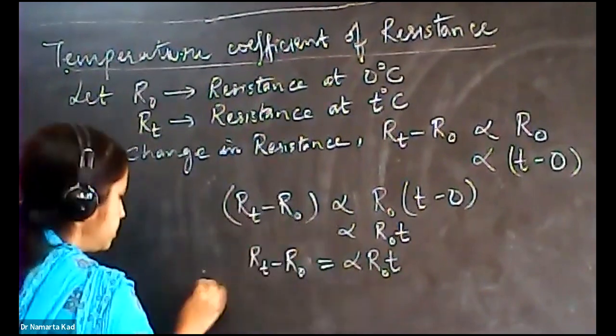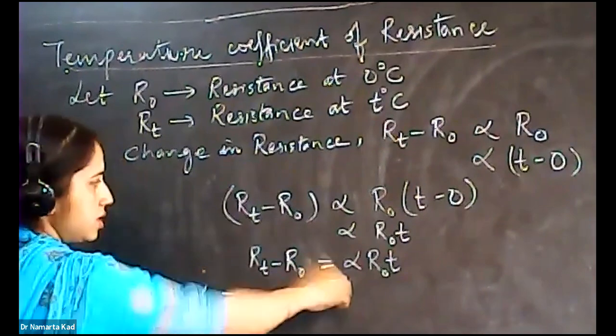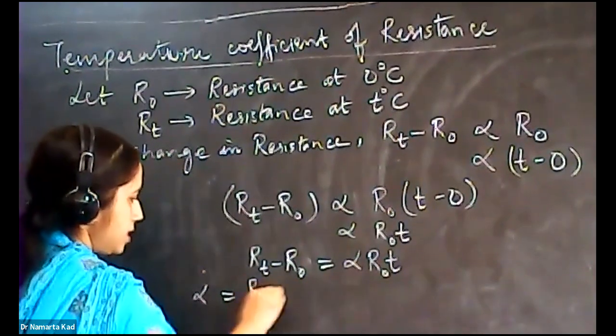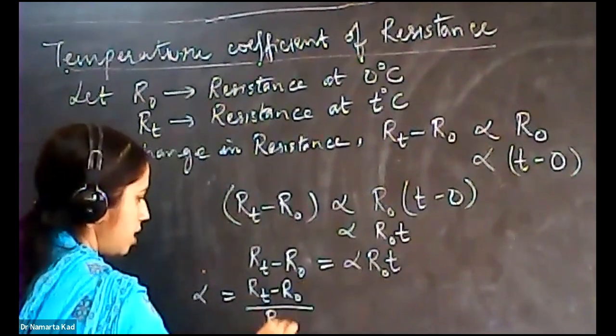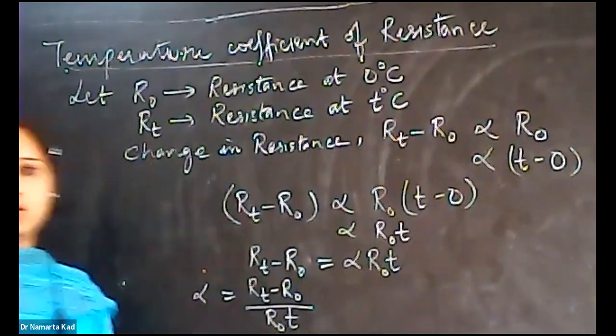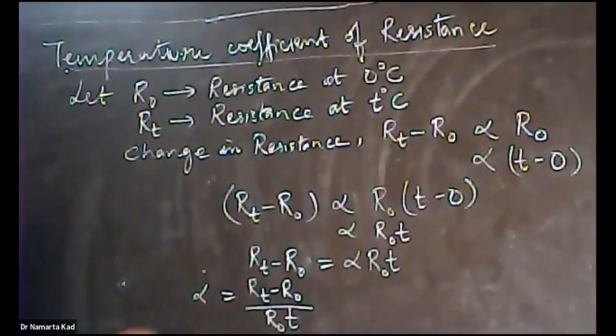Alpha is equal to RT minus R naught divided by R naught into T. This is the formula for alpha.